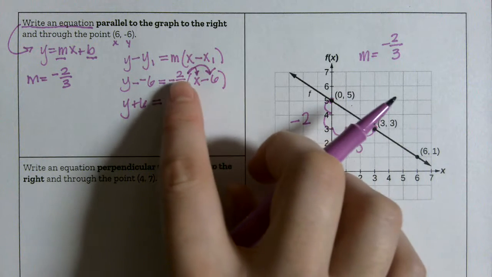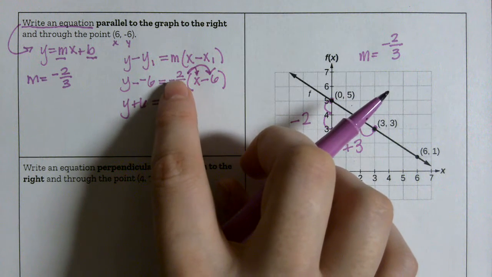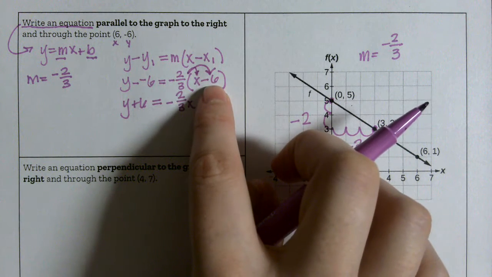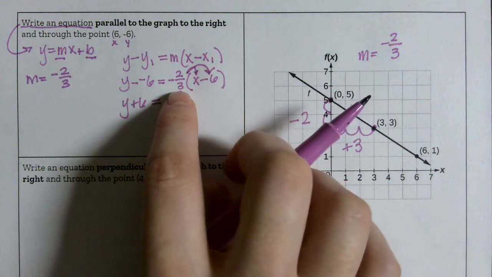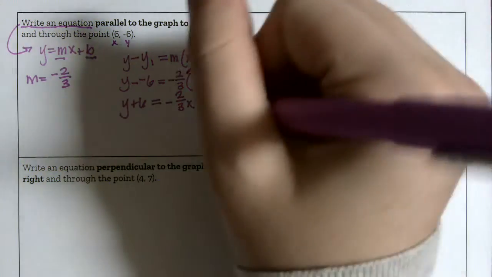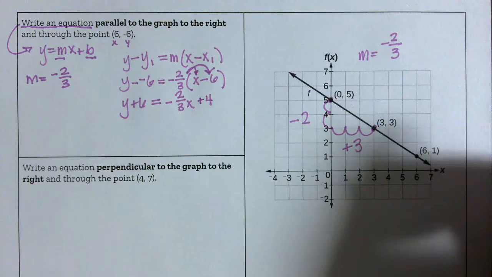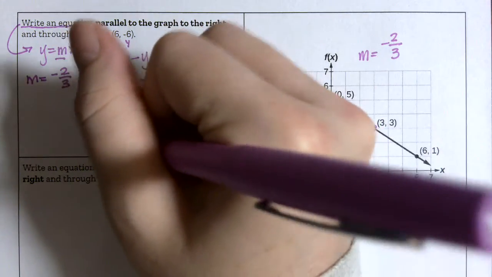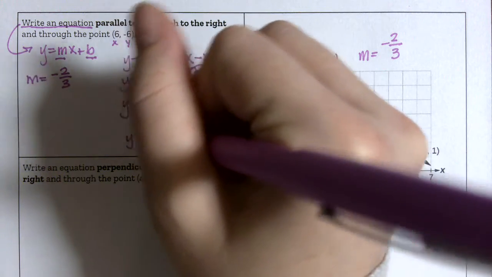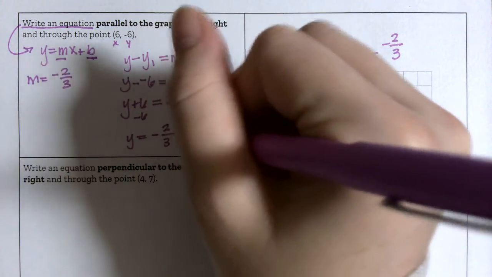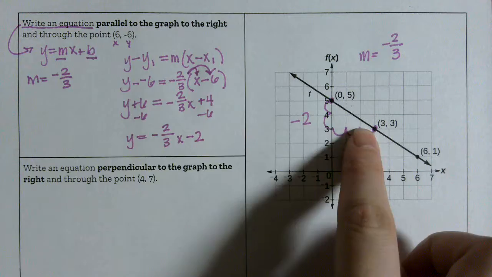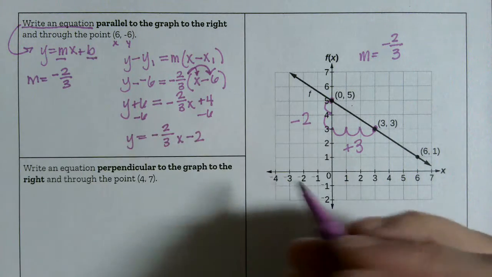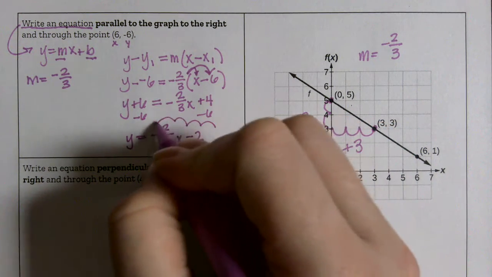Or if you want to multiply by hand, multiply the top part. So negative 2 times negative 6 is positive 12. And then go back and divide. So we get positive 4. And then we just got to subtract 6 from both sides, and we get our answer for the equation that is parallel to this graph and goes through this point. So this is our answer.